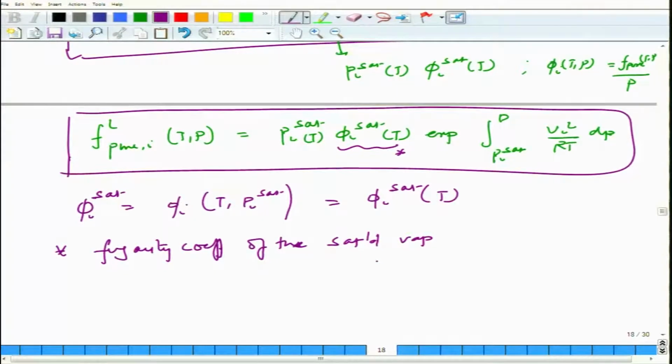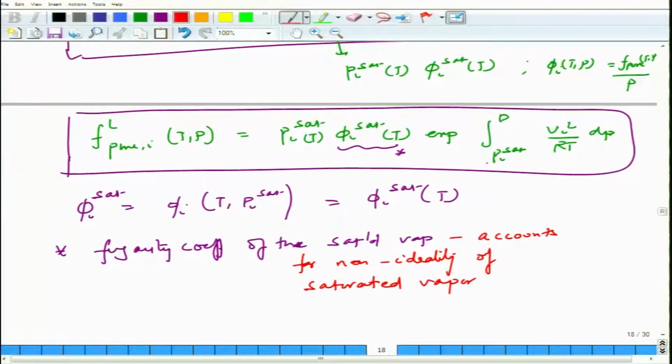It accounts for the non-ideality of the saturated vapor. So that's the fugacity coefficient. And then you have this another term.